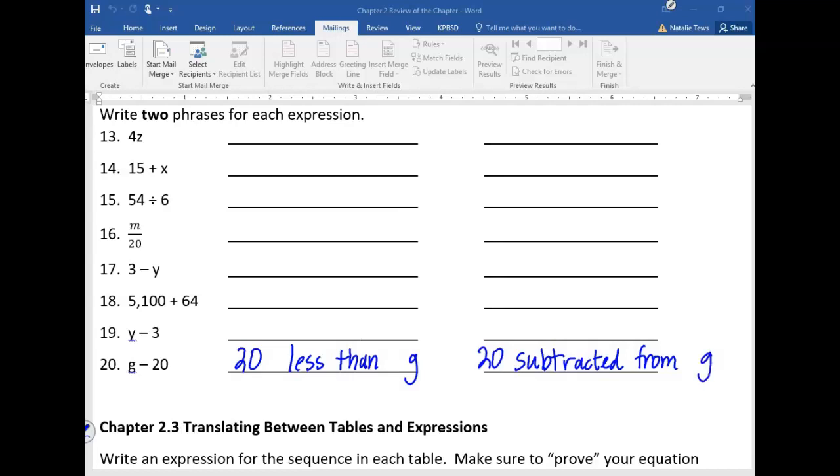So be very careful when you're doing division and subtraction because the order matters. They have to be in the right order or it's wrong. Okay? Now remember, there's lots of answer choices that could work. You only have to give me 2 of them. In your notes or in your book is a very handy table that has lots of words to help you. Okay? All right, let's move on to number 22.